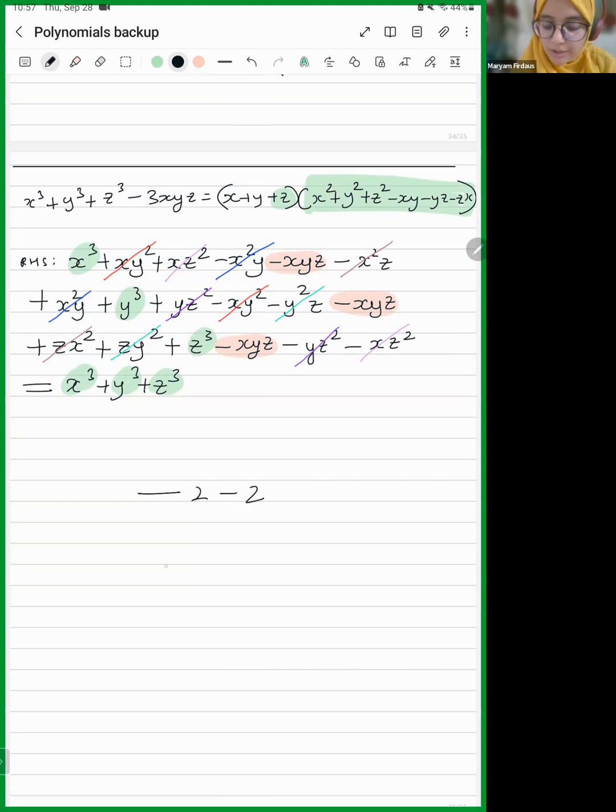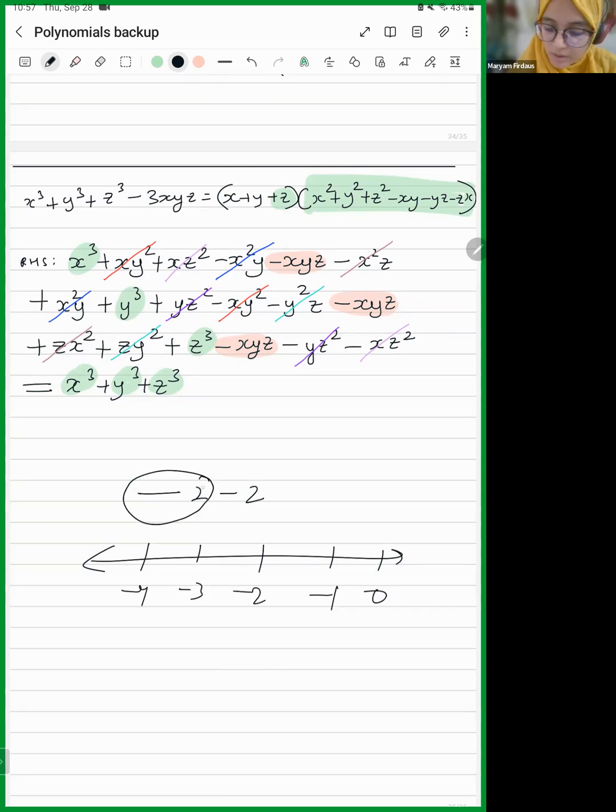You take the number line: 0, minus 1, minus 2, minus 3, minus 4. You stood at minus 2, then I told you go minus 2 units, meaning 2 units in the negative direction. What did you get? Minus 4, right?